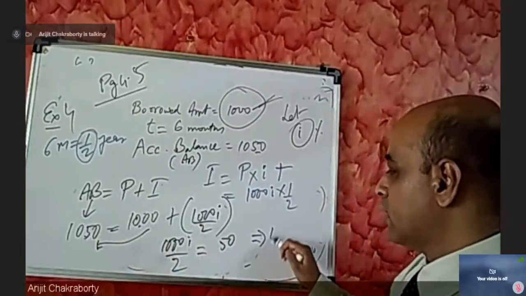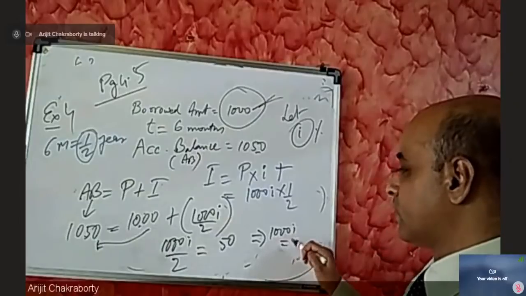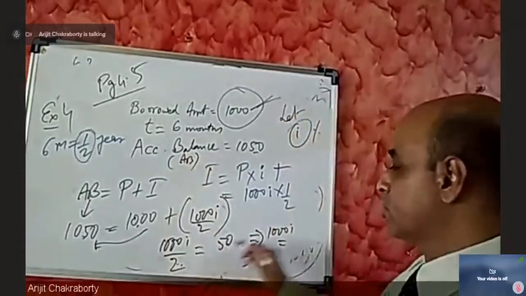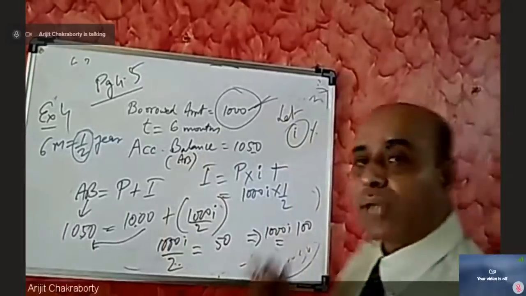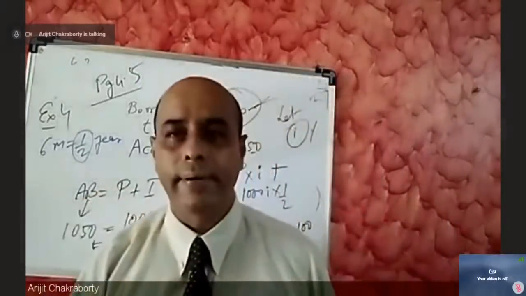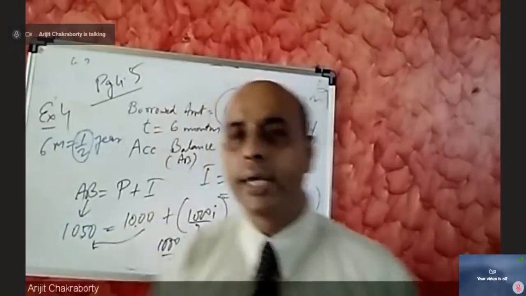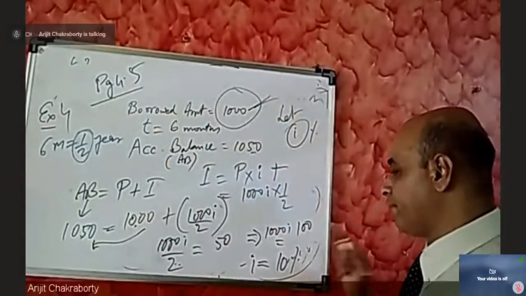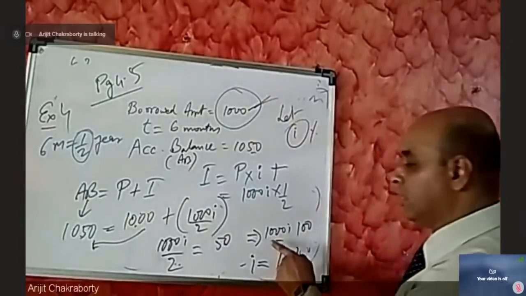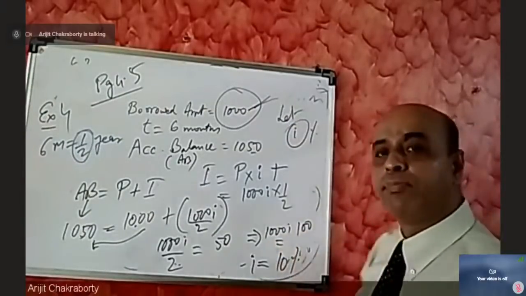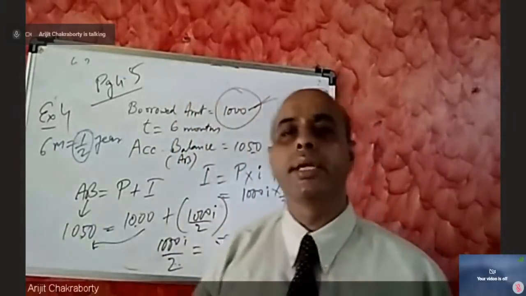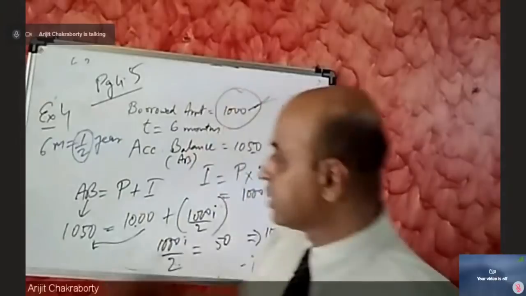In other words, 1000 into I gives you, cross multiplying, 50 into 2, which is 100. So 1000 I is equal to 100. So the rate of interest I is equal to 10, because I is equal to 100 by 1000, which is 1 by 10. And 1 by 10 means 10%. Right? So this is how we are doing it.